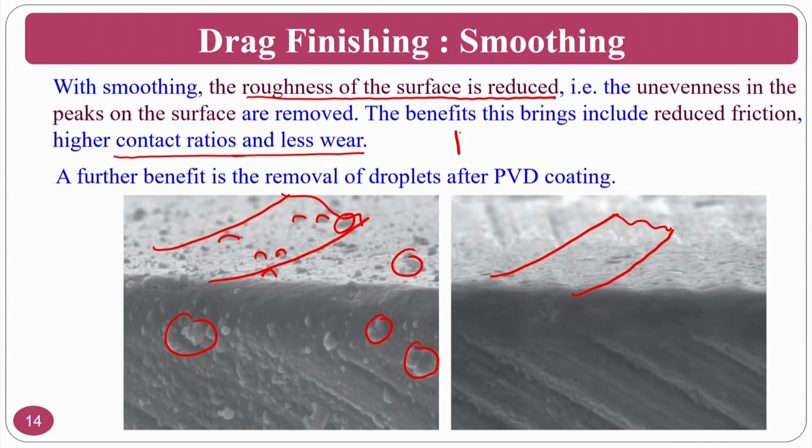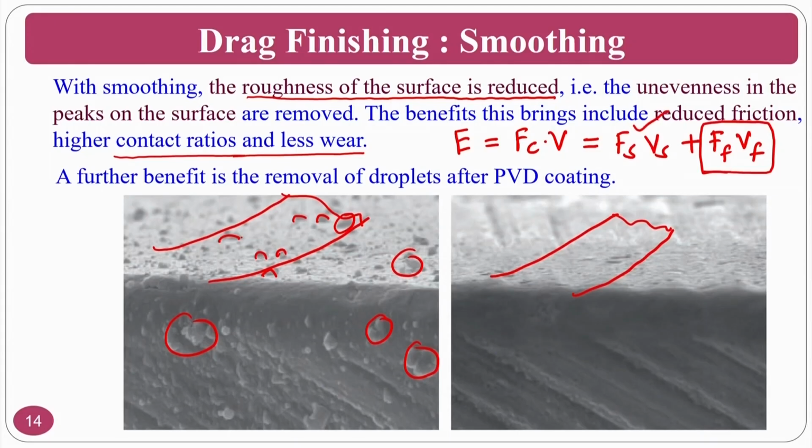If you see here in the metal cutting, normally input energy is nothing but Fc into V, cutting force into cutting velocity, which is equivalent to shearing force and shearing velocity plus frictional force and frictional velocity. So if you can reduce the frictional velocity and frictional force, what will happen? That means that your shearing component will be very high.